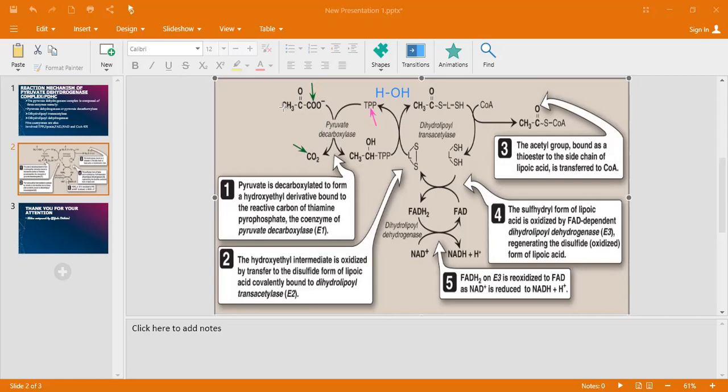Then we remain with a 2-carbon compound where we add a hydrogen. I said TPP comes in with water. So we will add a hydrogen here, and after adding a hydrogen there, we will also add another one here.